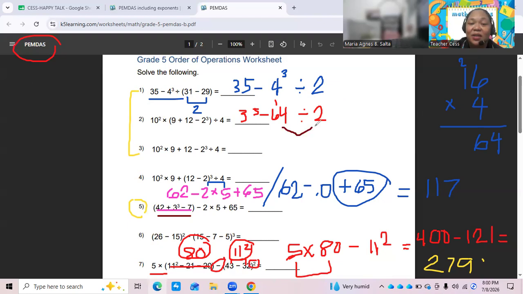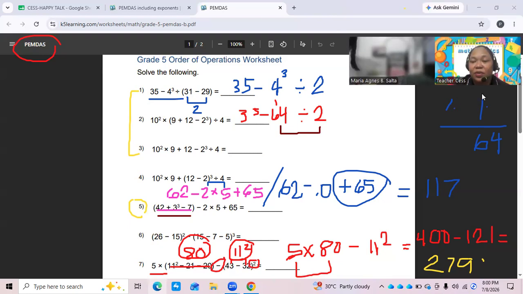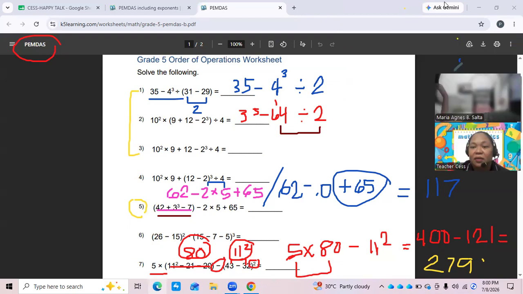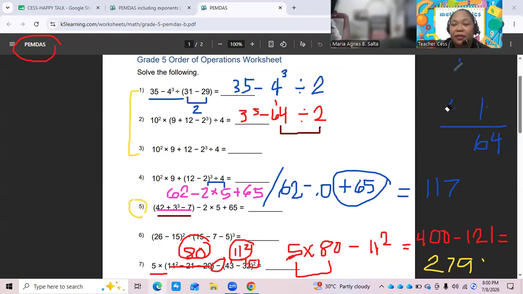You will divide this one, right? What will be your answer? Double check your answer. 64 divided by 2.